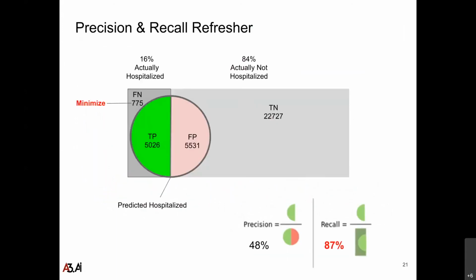For those of you who need a quick refresher, because it's a baseline model, we're trying to optimize toward recall, to reduce the false negatives. So we are catching about 87% of the COVID-19 patients in the data set.